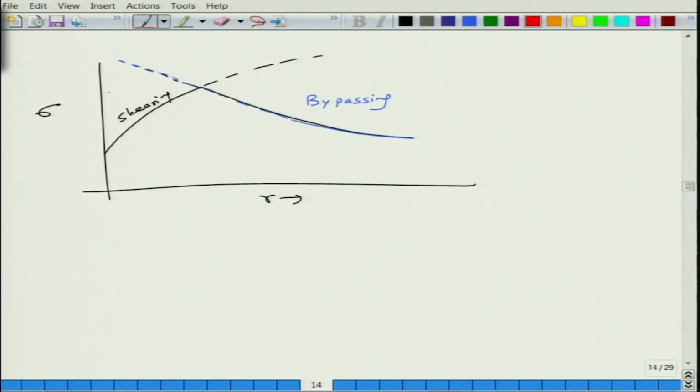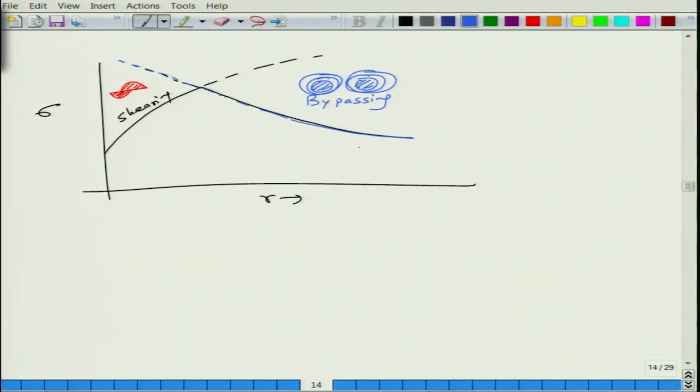So in this case the precipitate is going to be sheared, and here the dislocation is going to bypass the precipitate. You will have these kinds of precipitates.